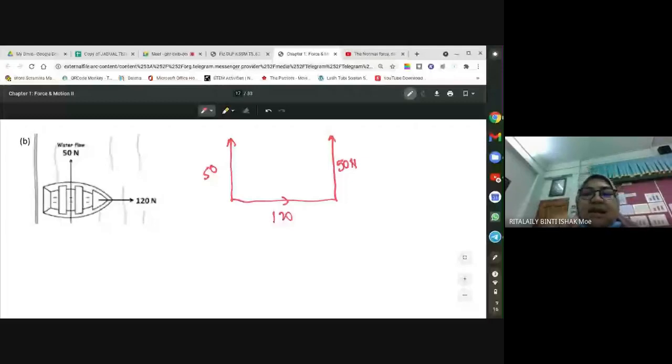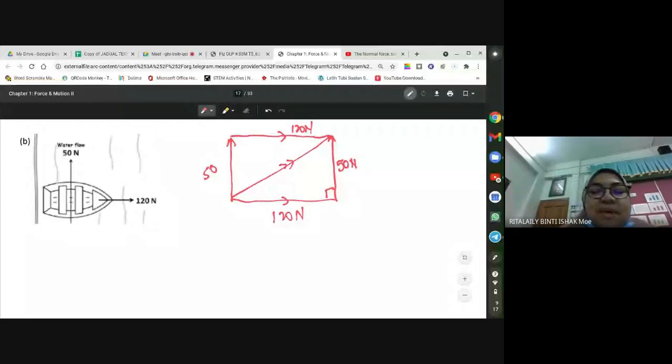The other line is parallel to 120 Newton, also the same force. So the resultant force is this one. If you look at the diagram, we have two triangles with a 90 degree angle, so we can use Pythagoras theorem.